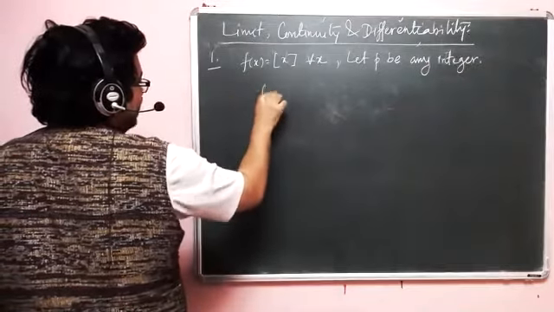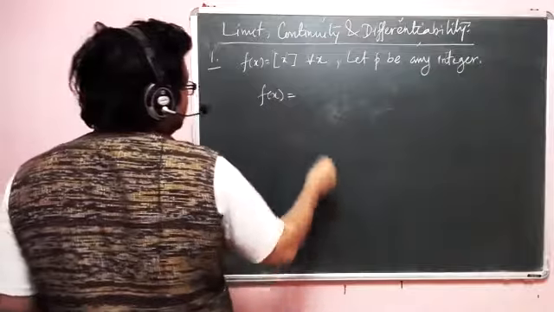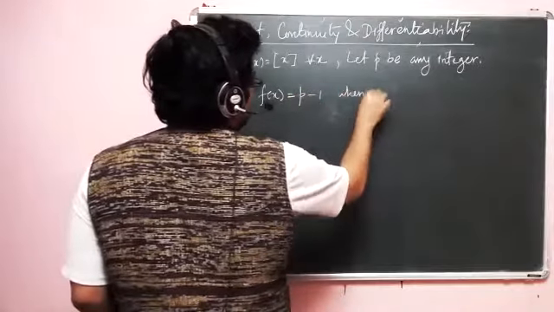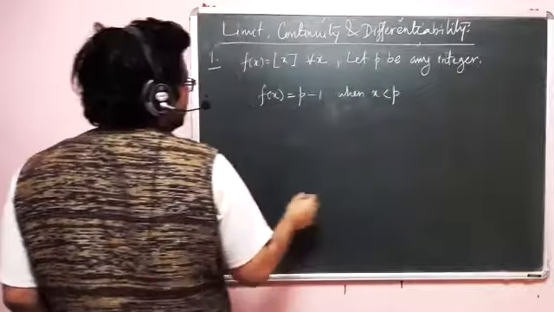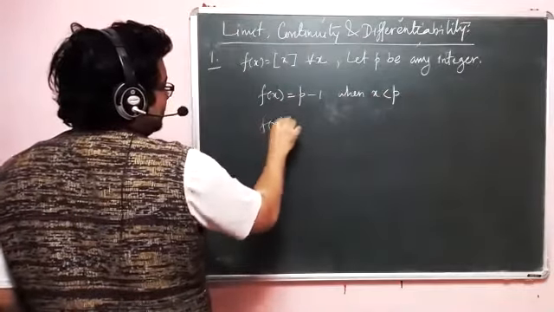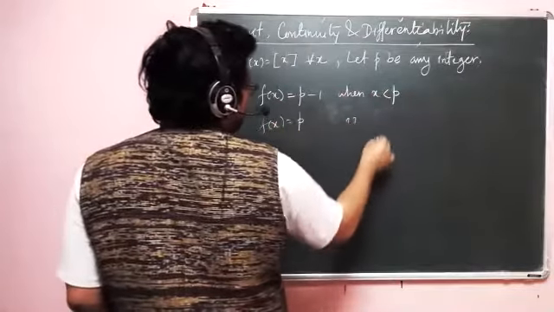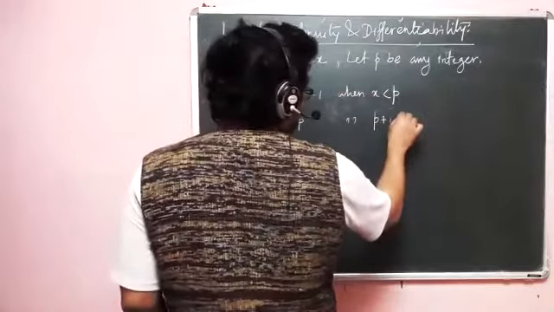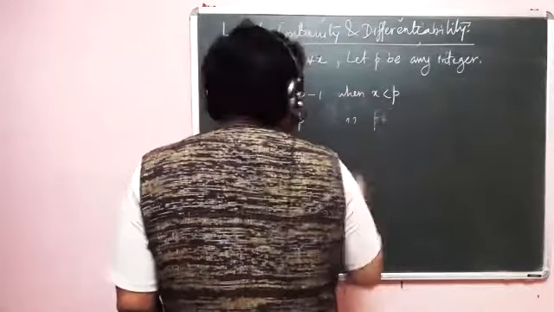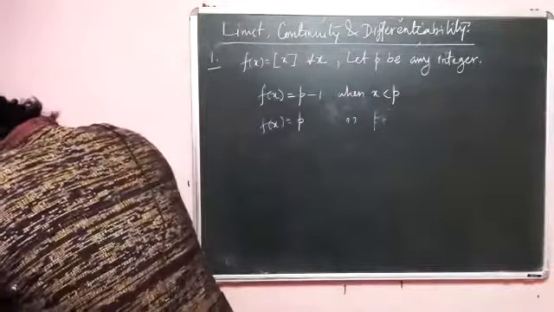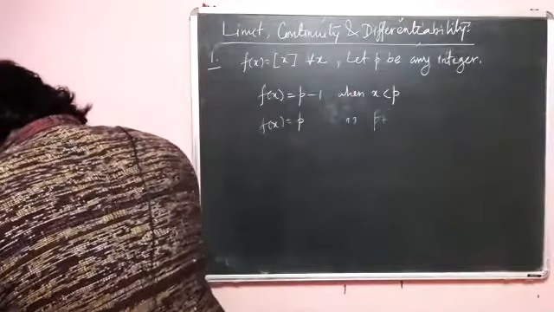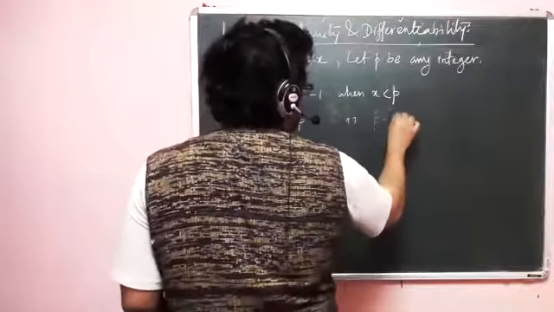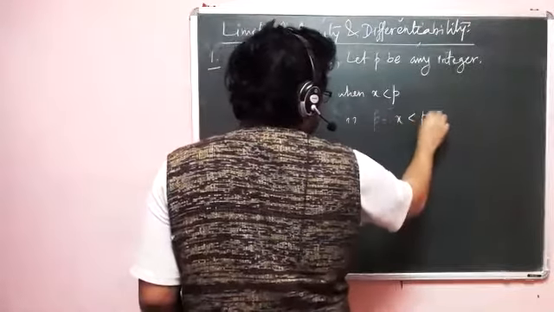We can write like this, that f(x) equals P minus 1 when x is less than P, and the same f(x) is equal to P when x is greater than or equal to P and x is less than P plus 1.